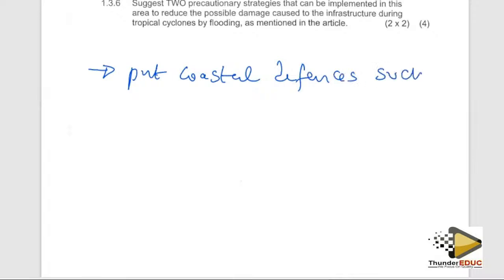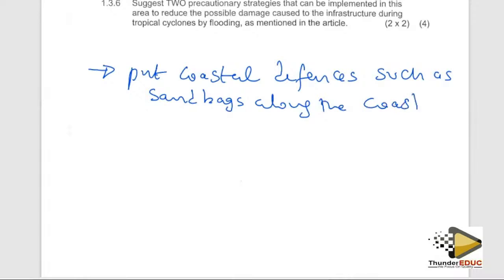So, just going to suggest 2, which means what we can do, such as flooding, if we put coastal defenses such as sandbags along the coast.